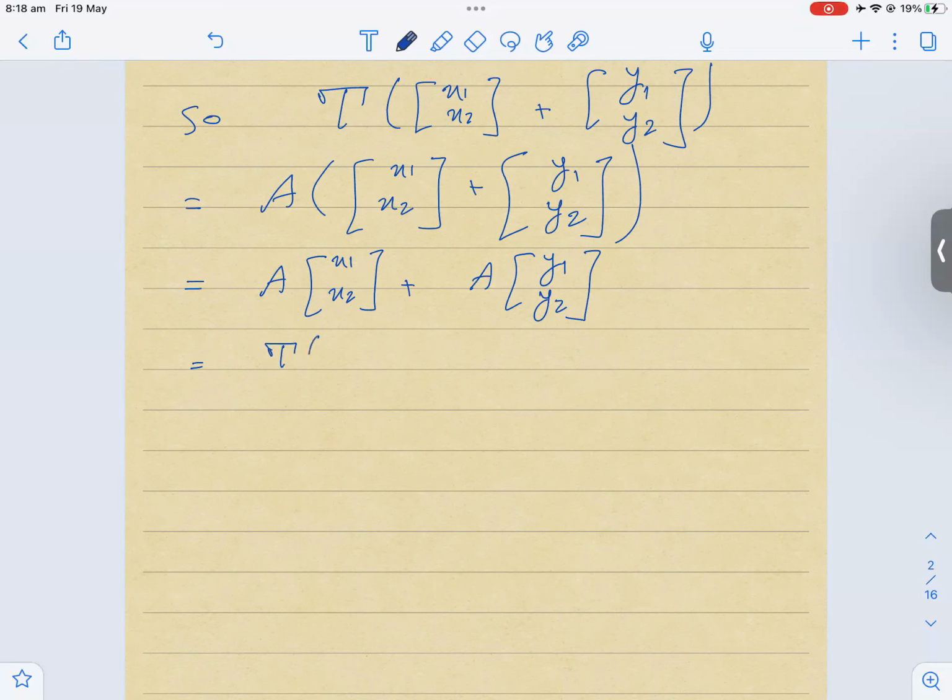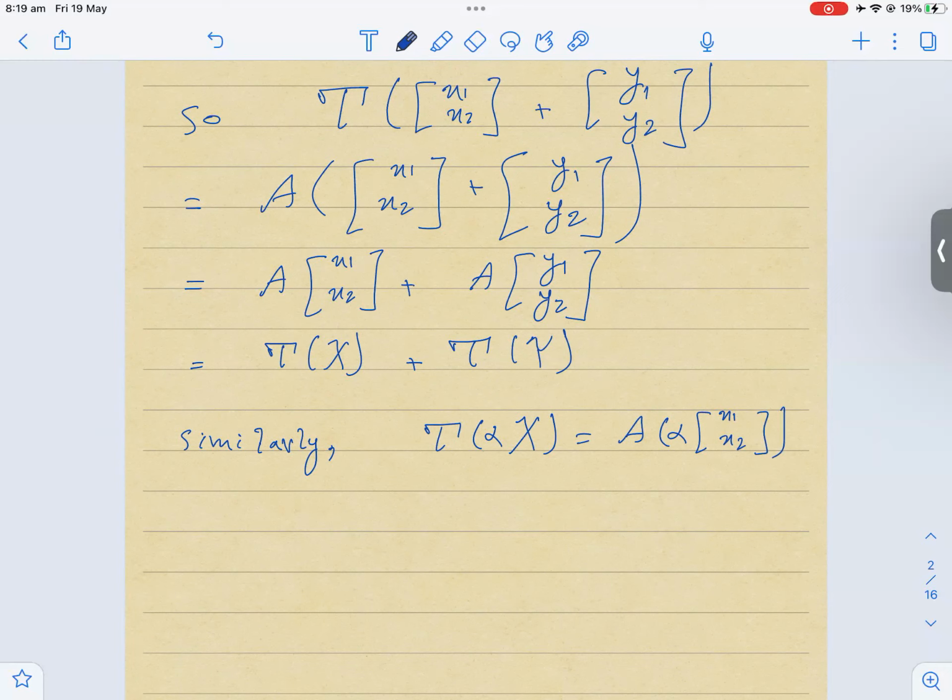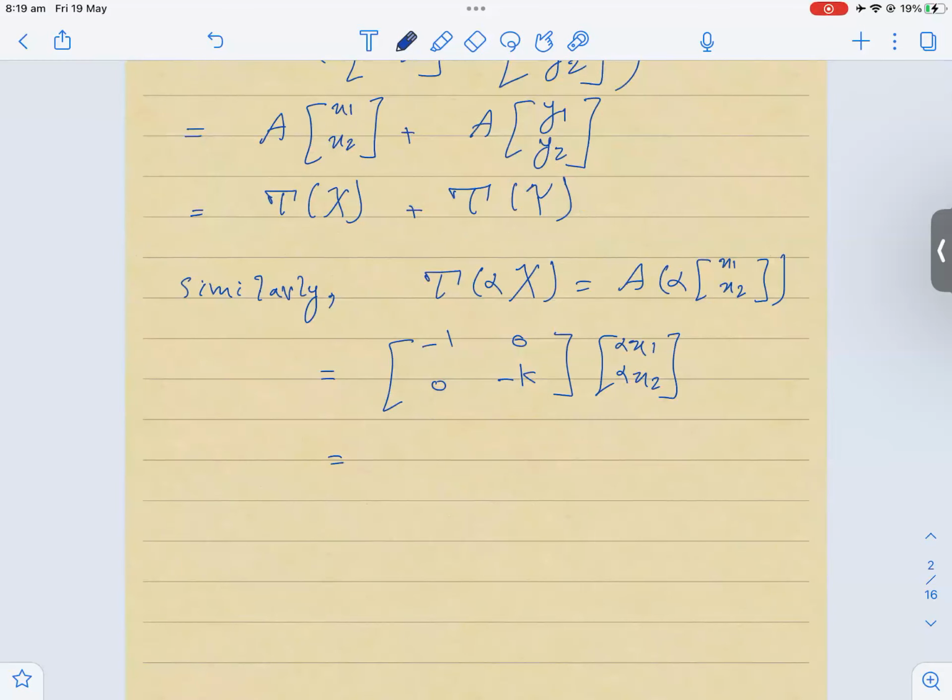So this means T of X plus T of Y. Similarly, T of alpha X is A times alpha (x1, x2), so [-1, 0; 0, -k] times (alpha x1, alpha x2), which is the same as alpha times [-1, 0; 0, -k] times (x1, x2).